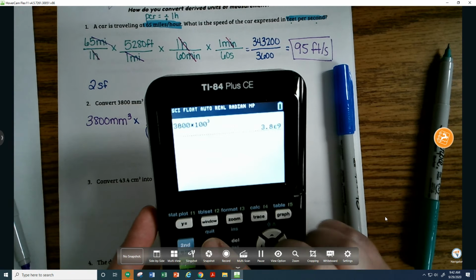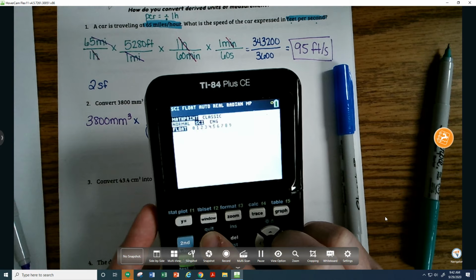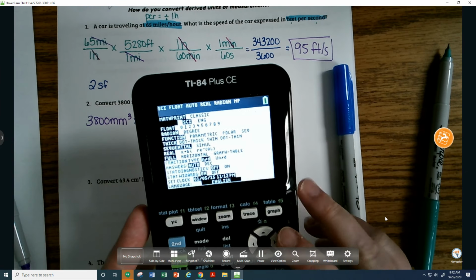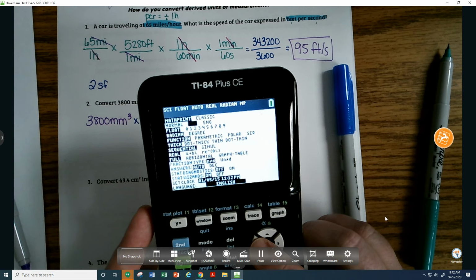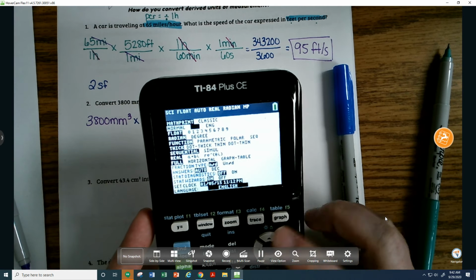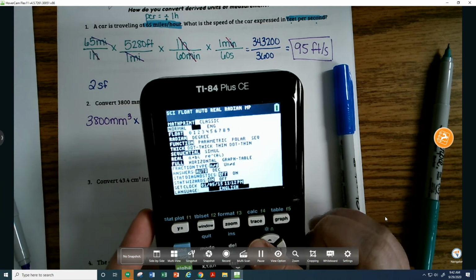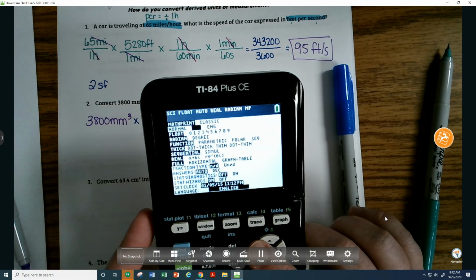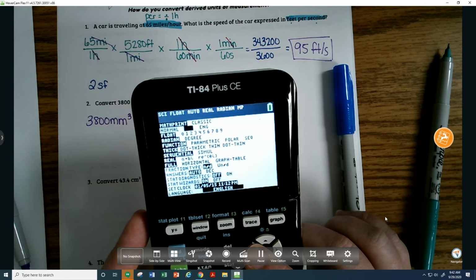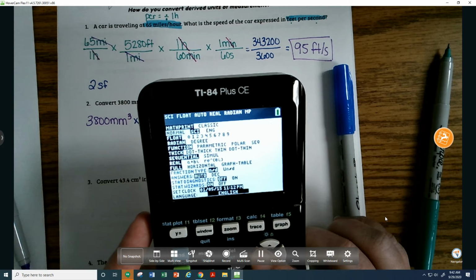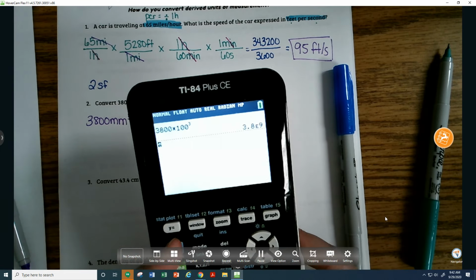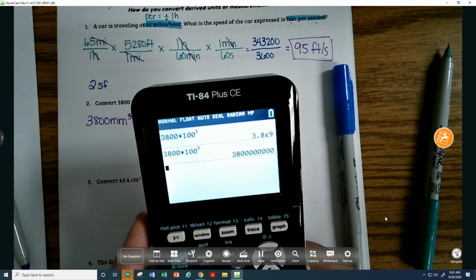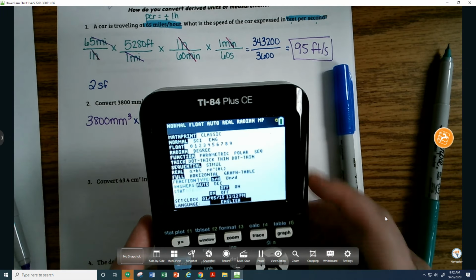If you have a graphing calculator to do that, you're going to go to mode, and then you should see these 3 options: normal, sci, and English. You want it in scientific mode. However, when you go to your math class, your math teachers are not going to appreciate scientific notation quite like I do. So you want to make sure that you put it back to normal in order for your answers to come out in this format.